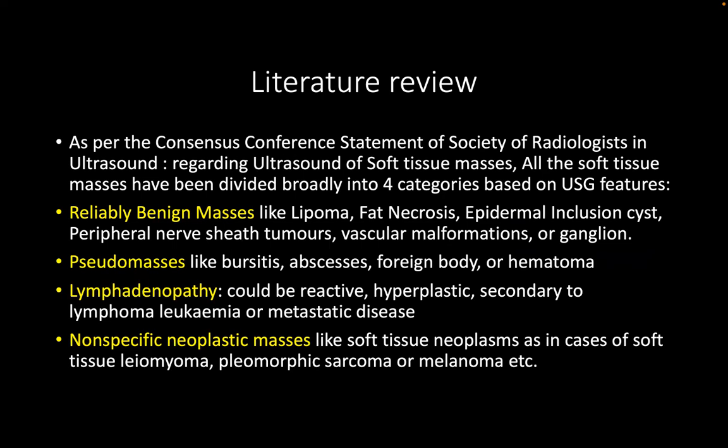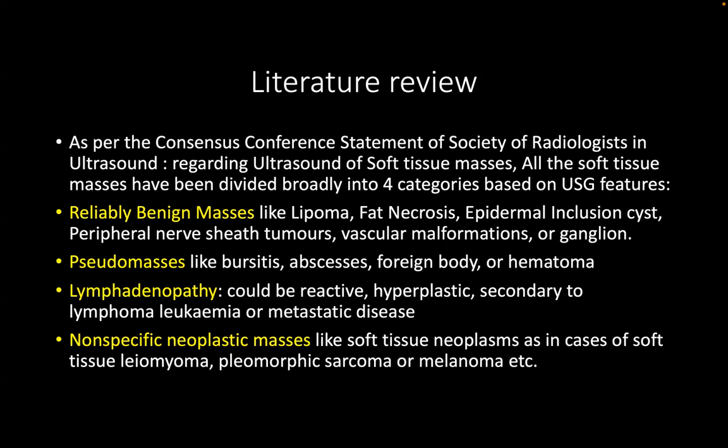The categories are reliably benign masses like lipoma, fat necrosis, epidermal inclusion cyst giving a pseudotestis appearance, peripheral nerve sheath tumors where you can see a nerve exiting or entering into the lesion, vascular malformations or ganglion; pseudomasses like bursitis, abscesses, foreign body or hematoma; lymphadenopathy, which could be either reactive, hyperplastic, secondary to the lymphoma leukemia spectrum, or secondary to metastatic disease; and non-specific neoplastic masses like soft tissue neoplasm, as in cases of soft tissue leiomyoma, pleomorphic sarcoma, or melanoma, etc.